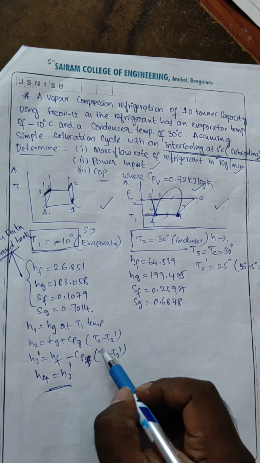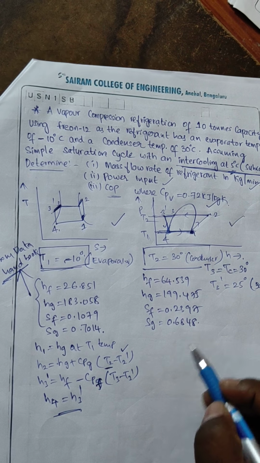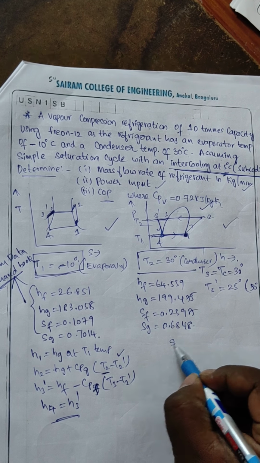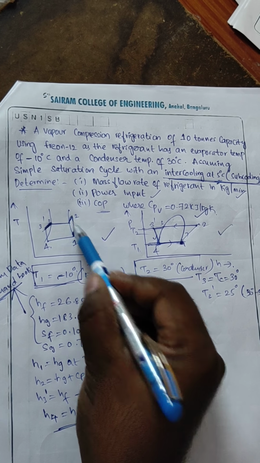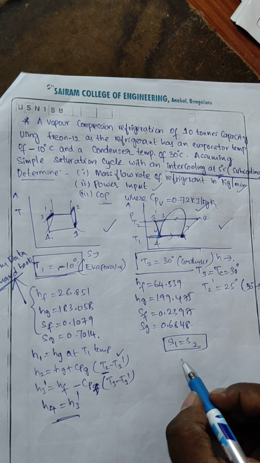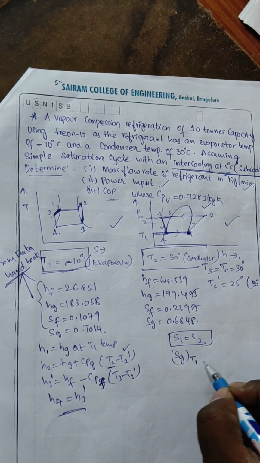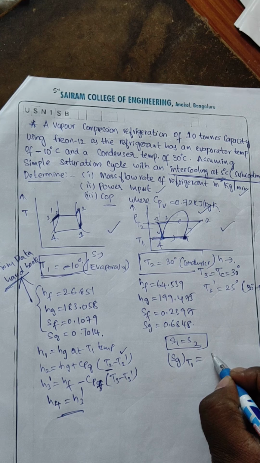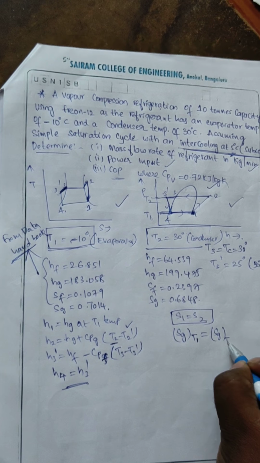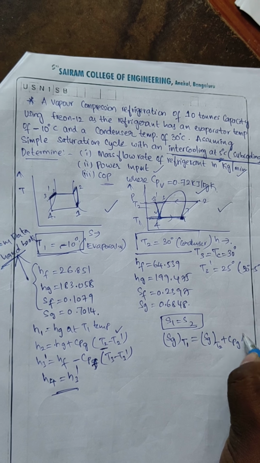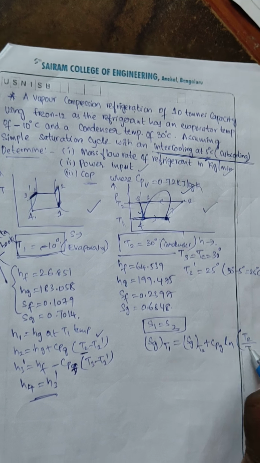Now we know T1, but we don't know T2 dash, so we need to find it. For that, S1 is equal to S2, entropy 1 is equal to entropy 2. S1 is equal to Sg at T1, which is equal to Sg at T2 plus Cpg into ln of T2 dash by T2.